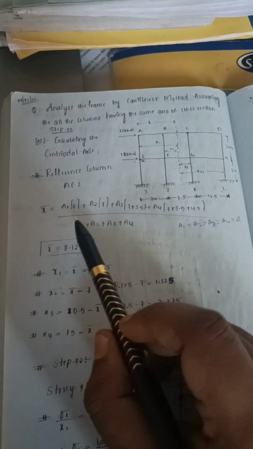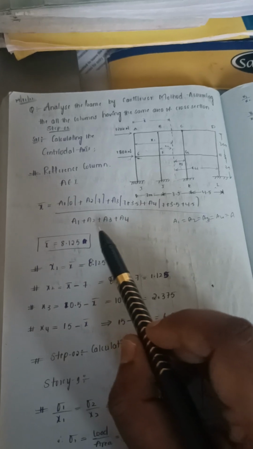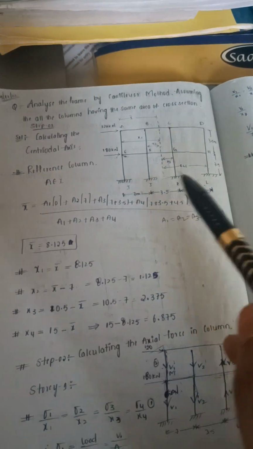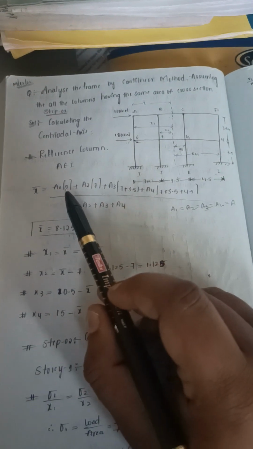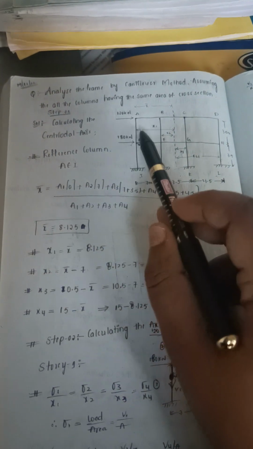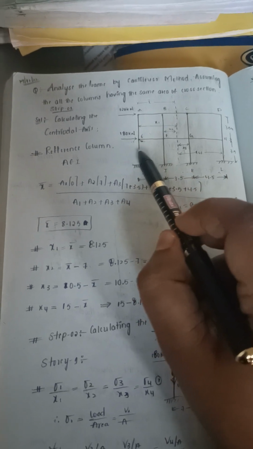So how to find them? The formula for the centroid is x bar equal to a1 x1 plus a2 x2 plus a3 x3 plus a4 x4, divided by a1 plus a2 plus a3 plus a4. Here it is given as the same area of cross section. Therefore a1 equal to a2 equal to a3 equal to a4 equal to a. So now what is a1 x1? X1 here in the formula is the distance from the reference column to the same column, that is 0.